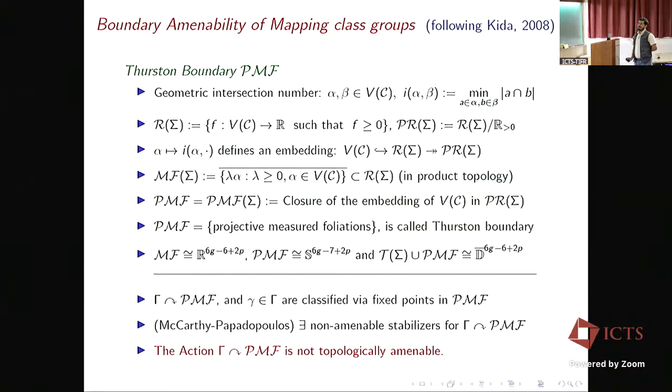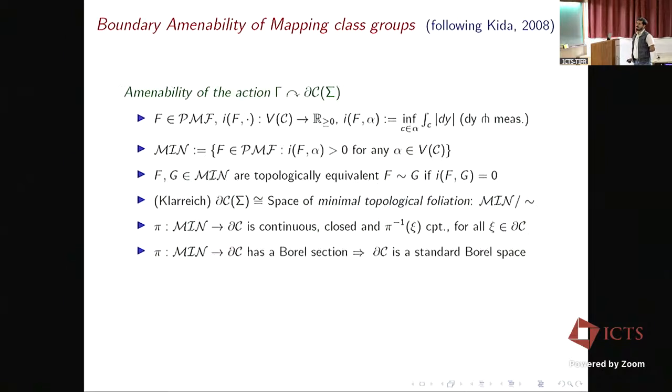But we want to show boundary amenability for mapping class groups. So now we are looking at another action of gamma, the induced action on the Gromov boundary of the curve complex. What do I mean by that? If we take a projective measured foliation, an element from PMF, I can define this intersection number for this foliation as well.